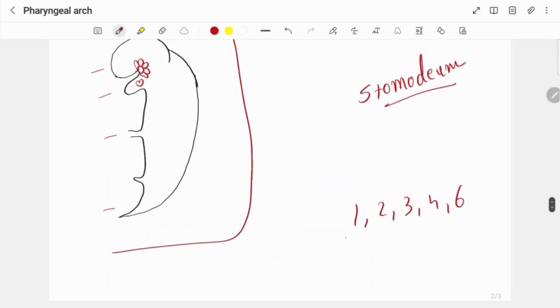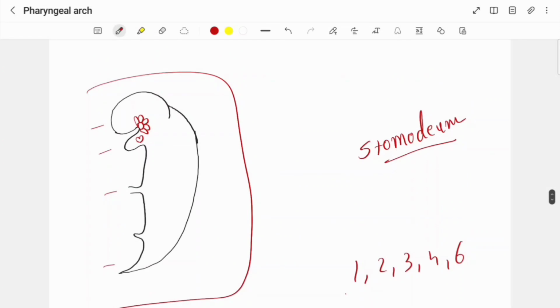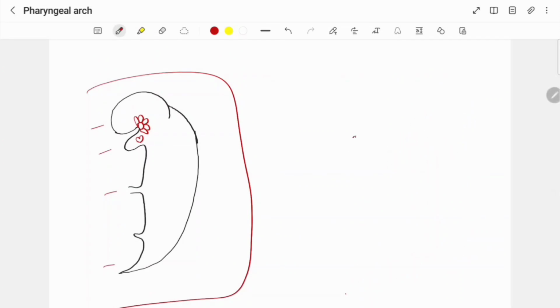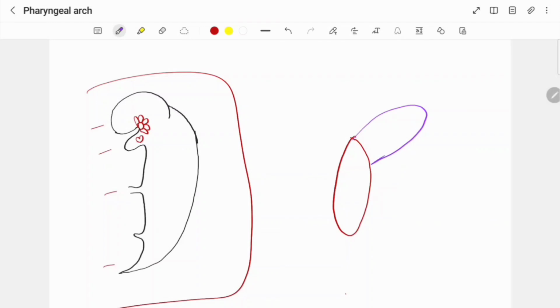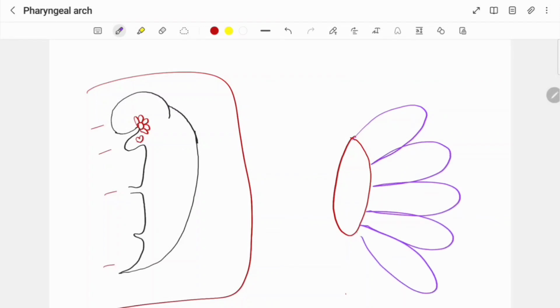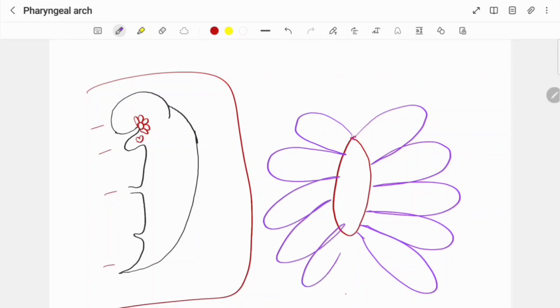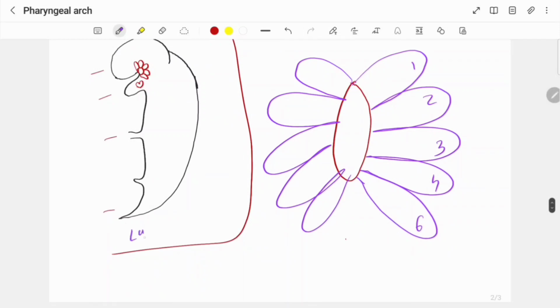Now let's zoom out this picture and see here. This is your stomodium, right? Let me change color. Here we have the first pharyngeal arch, second, third, fourth and sixth. Same on the opposite side, we have 1, 2, 3, 4 and 6. This we are seeing from the lateral side in this picture, but here we are seeing from the frontal aspect.